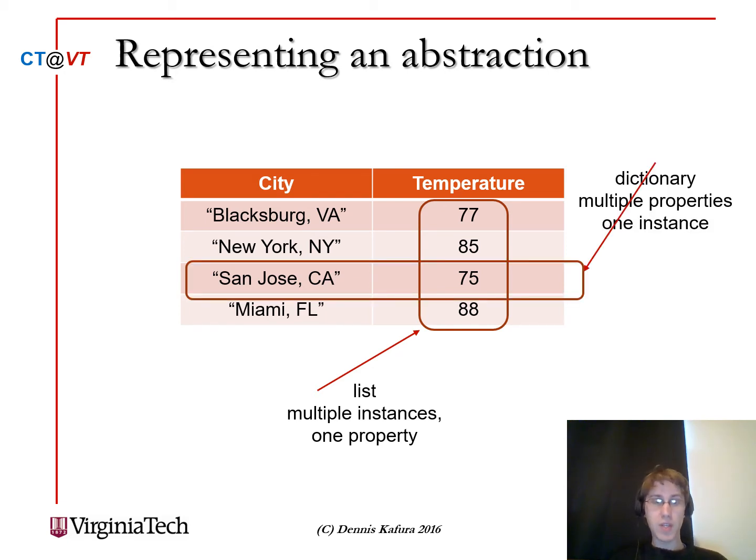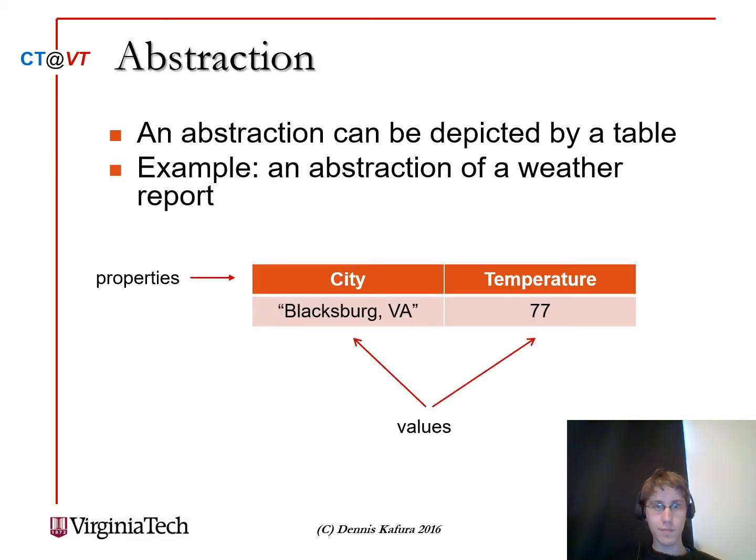But now we're going to see that we can take a row instead, and that will be a dictionary for multiple properties representing one instance. This abstraction being represented as a table is a good way of looking at a dictionary. Here we have the abstraction of a single weather report for one city with one temperature. Blacksburg, Virginia is its value for its city, and the value for its temperature is 77.